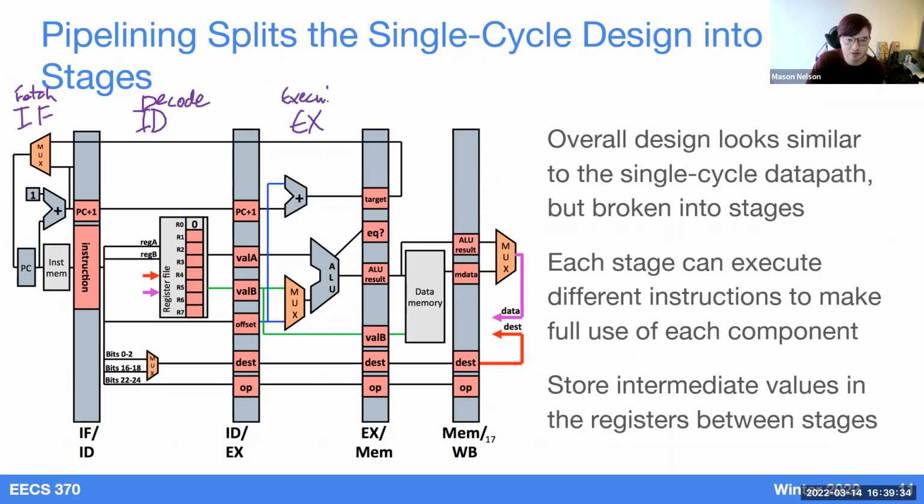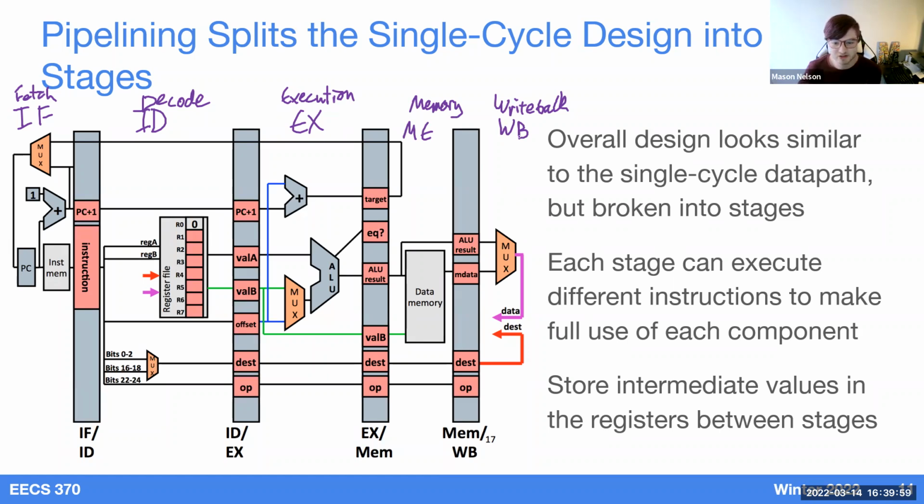So execution. Then we have some sort of memory stage, which we abbreviate ME or MEM. And then we have a write back stage, which specifically writes back to registers. And I'll abbreviate that WB. You could also call this a commit stage, if you're familiar with that terminology, but we don't really use that in this class. And so here are the 5 stages.